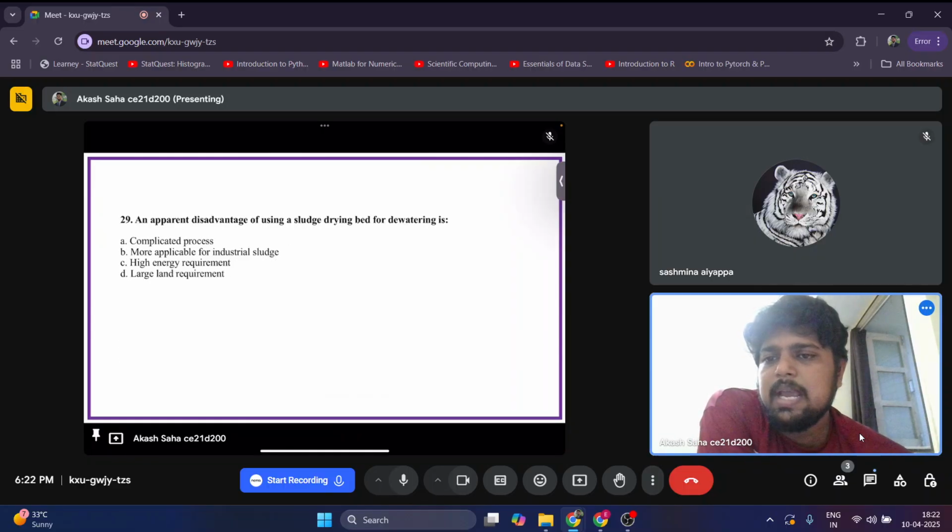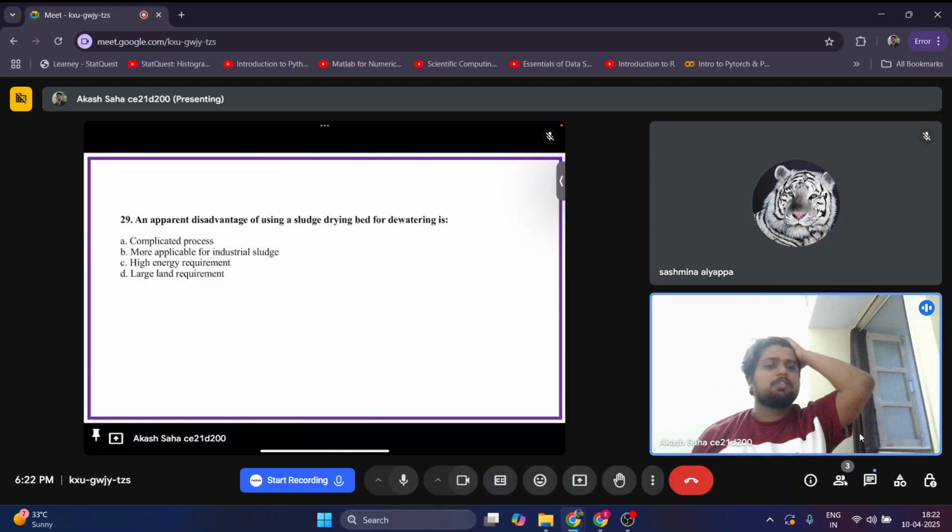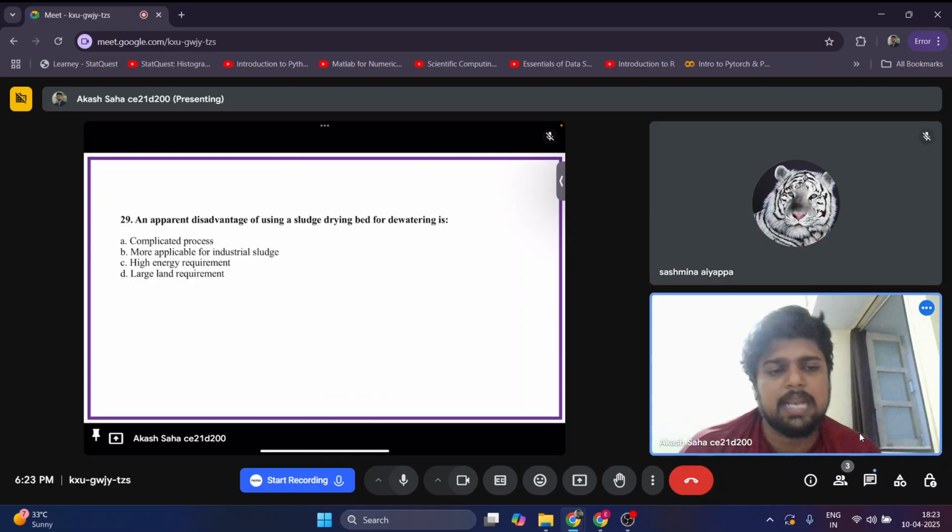Next problem. An apparent disadvantage of using a sludge drying bed for dewatering is: complicated process, more applicable for industrial sludge, high energy requirement, or large land requirement. So here we are talking about dewatering, in which the water is removed by drying beds. We will simply put the sludge over a piece of land and let it dry.